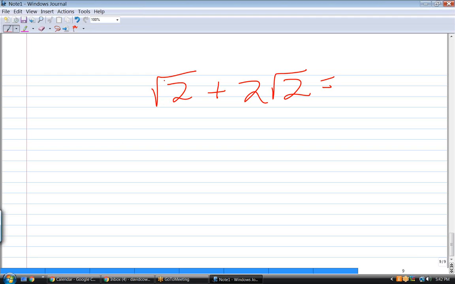How many root 2's is this? Just 1. Okay, how many root 2's do I have here? 2. When you add 1 to 2, what do you get?